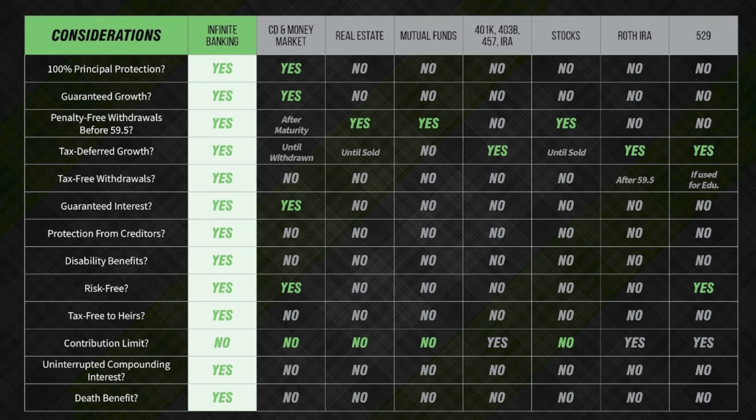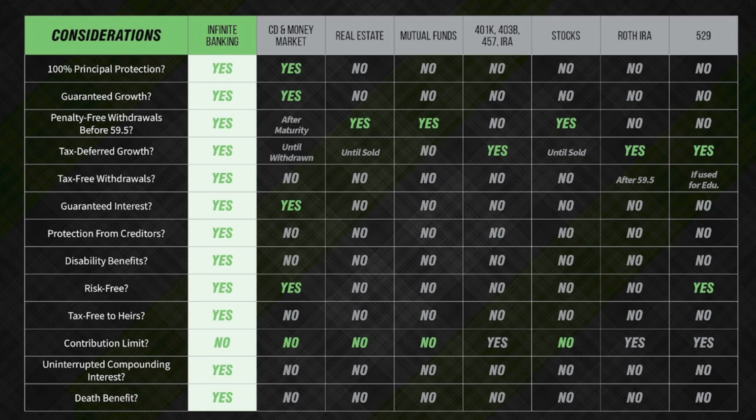On the left-hand side, here's all the considerations. And then lined up across the top from left to right, you see IBC, your money market account or CD account, real estate, mutual funds, 401ks, 403bs, IRAs, your stocks, your Roth IRA, or even a 529 plan.